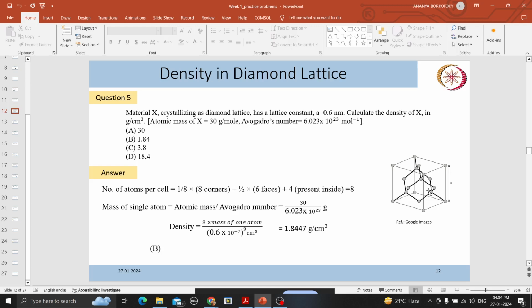So how will you calculate atomic density in different planes? Like you calculated the number of atoms per cell, there you will calculate in a similar way the number of atoms in one plane, right? You will consider only the area. Here you are considering the whole volume, like one corner atom is shared by 8 unit cells.